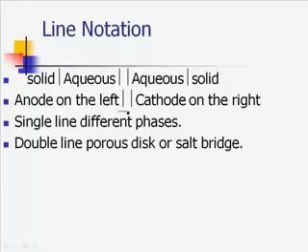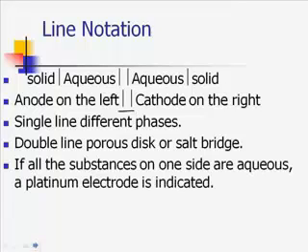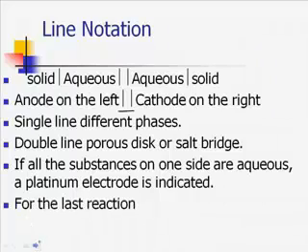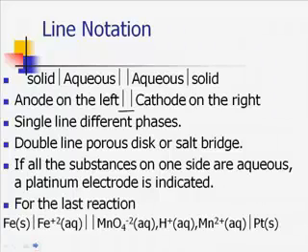This double line represents a porous disk or a salt bridge. And again, if everything is aqueous in one of the half cells, you're going to use a platinum electrode. So for the one we just did, this would be the line notation for that cell. This conveys the same information as the drawing did of the cell.